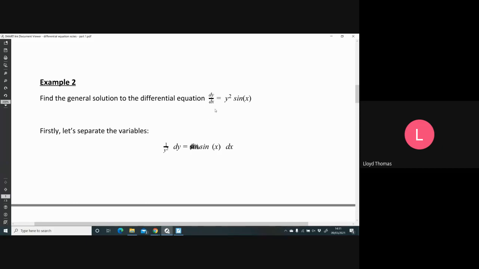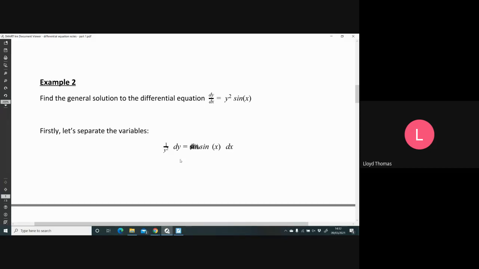So again, we have a differential equation involving a y term and an x term, separate variables. Now, if you rearrange it to bring the dx to this x side and the y squared underneath here, you will end up with 1 over y squared dy, or dy over y squared, but it's easier to think of it as a separate fraction like this, is equal to sine x dx.